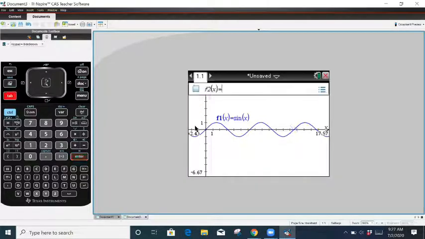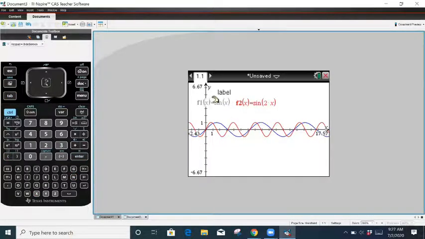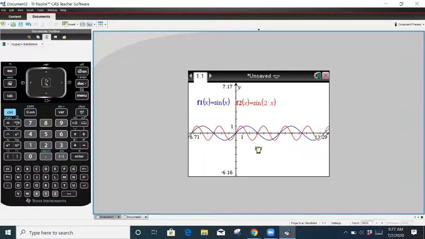Now let's look at what happens if we were to graph the sine of 2x. Now this looks like the graph completes 2 periods for every 1 period that sine completes.